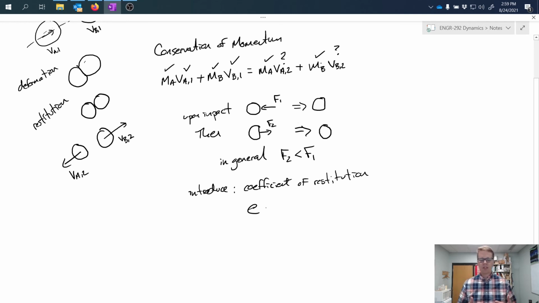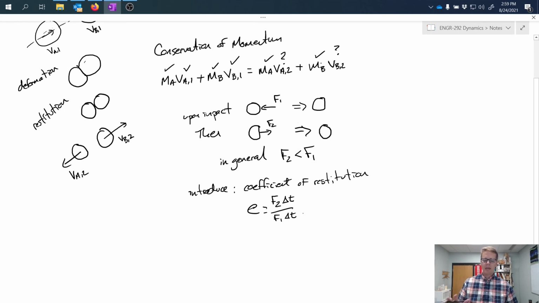The coefficient of restitution is basically a measure of how much energy is lost. You can think of it as an efficiency. And this coefficient of restitution we can write out as F2 times delta T over F1 delta T. So it's basically this force over the time over which this is all occurring.